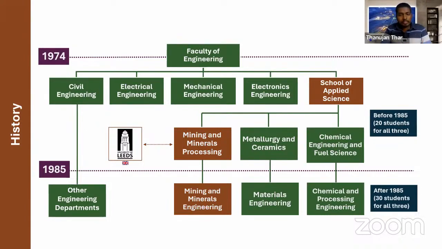From the beginning, our degree program has been there, because the people who launched this program knew about the demand within Sri Lanka and at the global level as well. In 1985, the degree program was changed into mining and minerals engineering. In that period, they had classifications like E1 and E2.